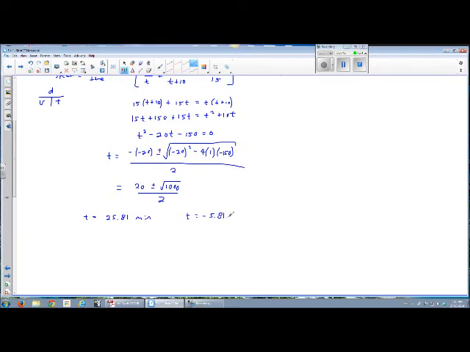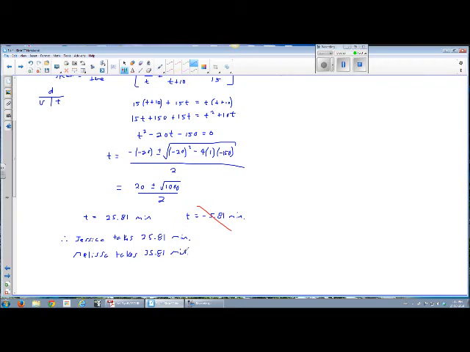Obviously you can't go back in time, so we can't use this one. So we say that t equals 25.81. Therefore, Jessica takes 25.81 minutes to fill a case, and Melissa, because she works at t plus 10, takes 35.81 minutes to fill a case.